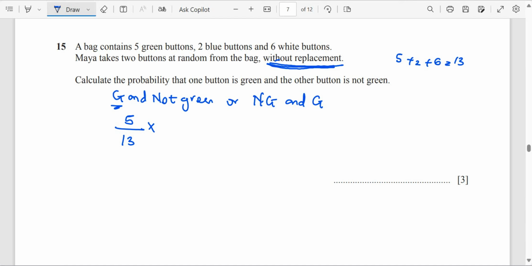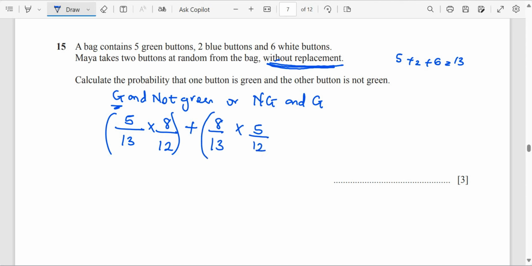So 6 plus 2 is 8. 8 over 12. Why is it 8 over 12? Because it is without replacement. The moment you pick the first one as green, the total buttons in the bag will reduce to 12. So, or we have not green, that is 8 over 13 times 5 over 12.